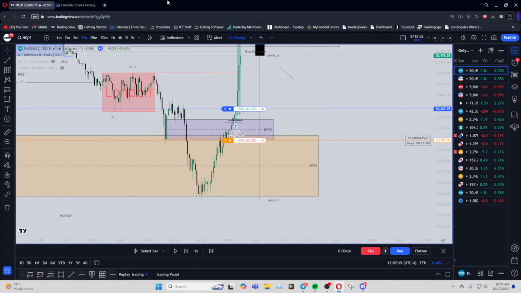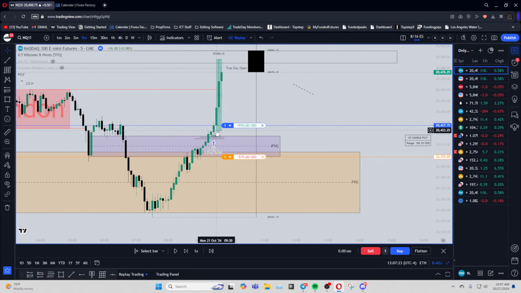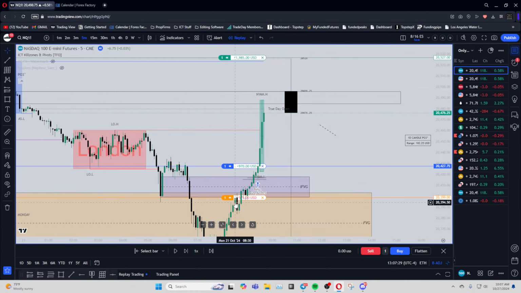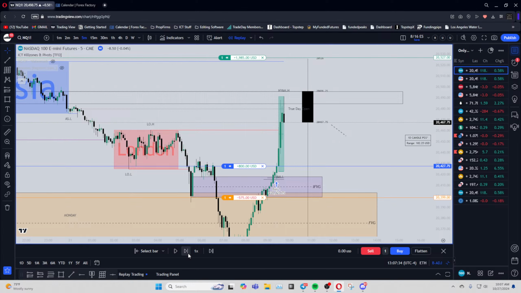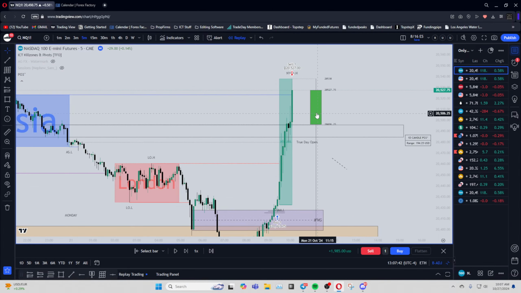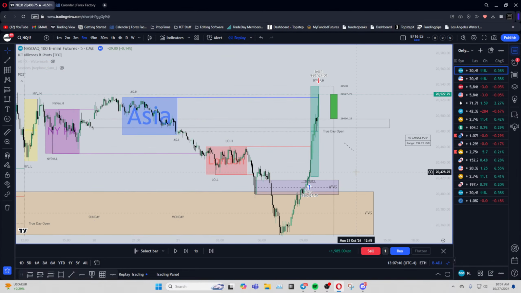If we wouldn't have had that move, usually the 9:30 open will cause that move, but because we've already had that, we're likely to just run straight towards our target. So at this point, if we trade up in here, we're going to go to break even right there. Okay, candle turned green, and that's our move right there.